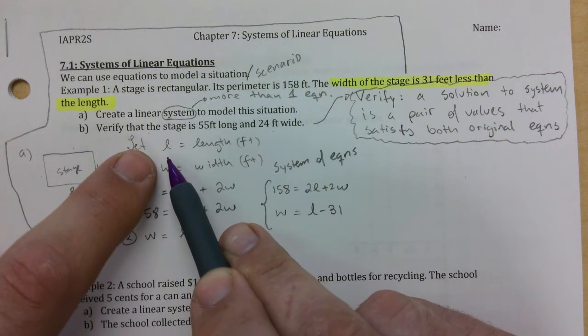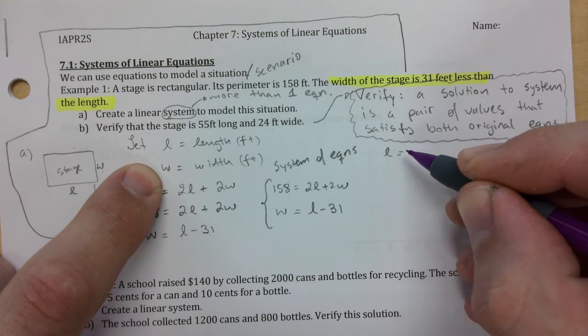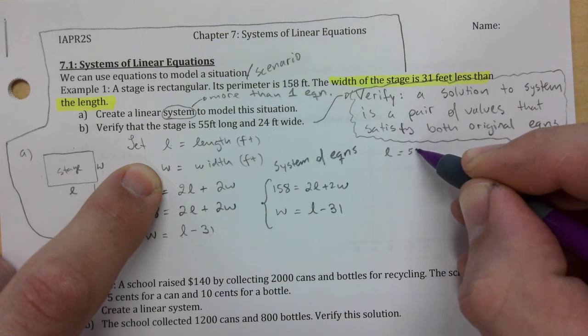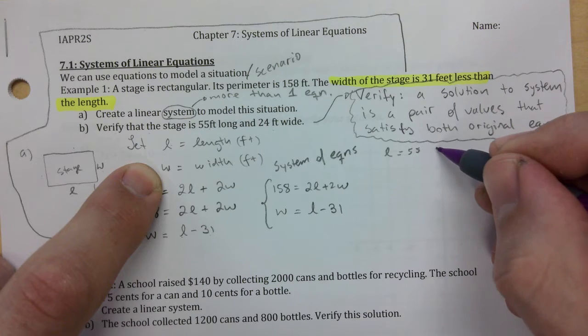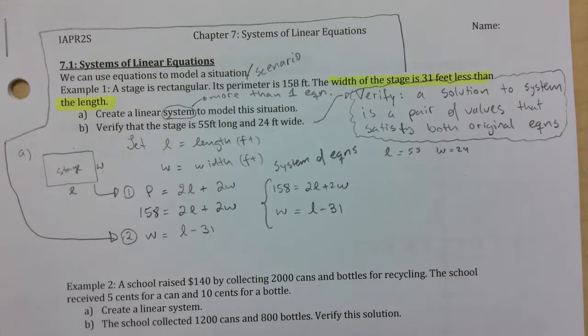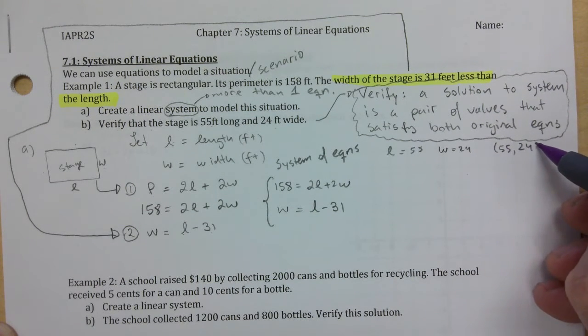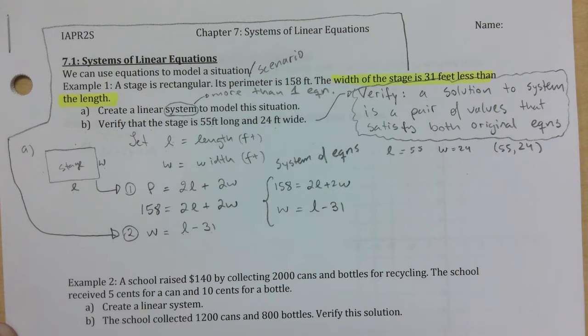It's kind of like X and Y. So length is 55 and width is 24. That's what we were told, that this combination, the point 55, 24, is in fact going to be the solution to this system. So we do a left-hand side, right-hand side kind of check for both.